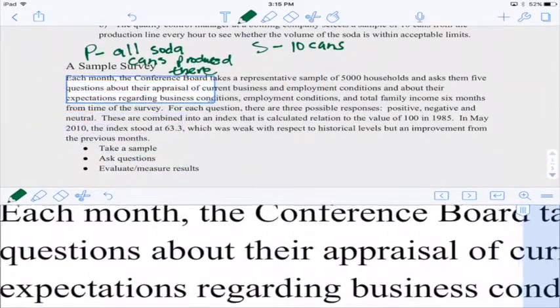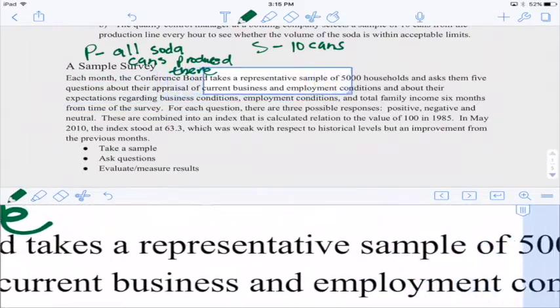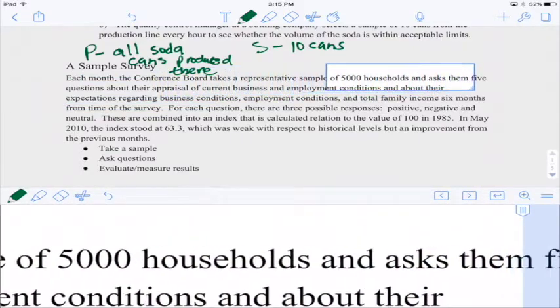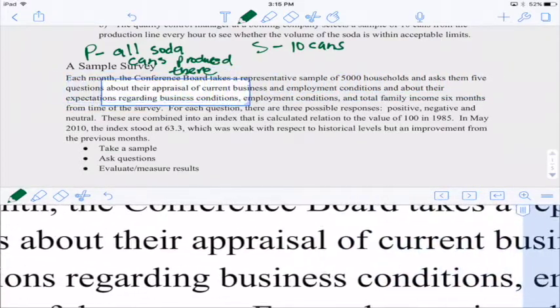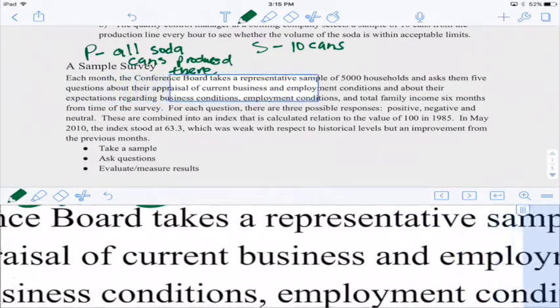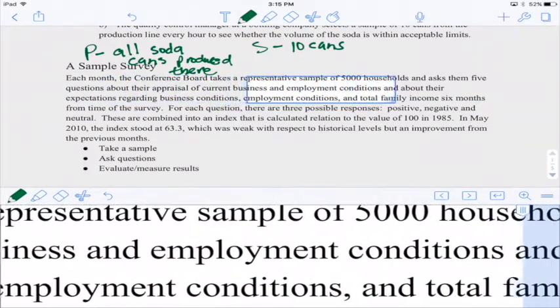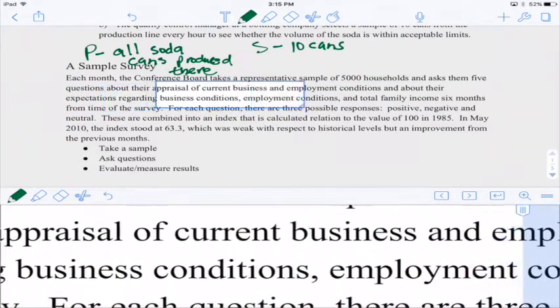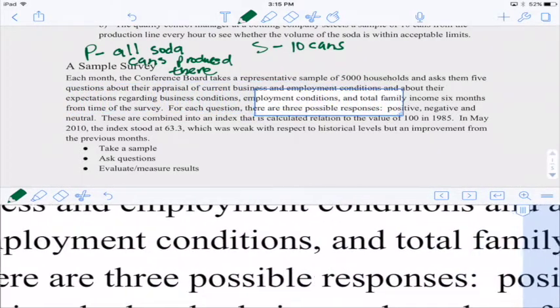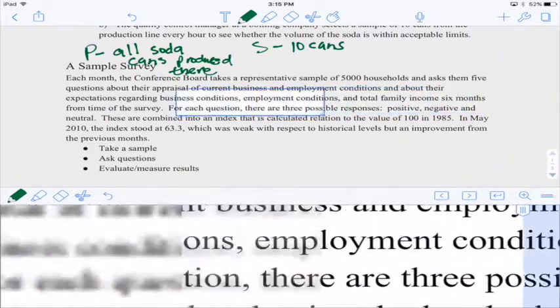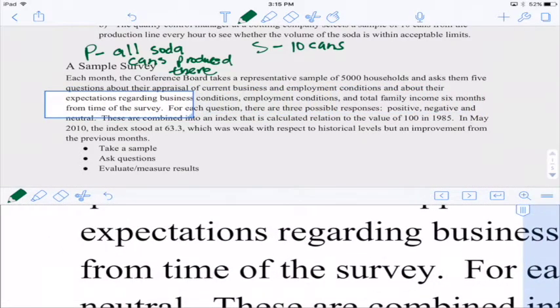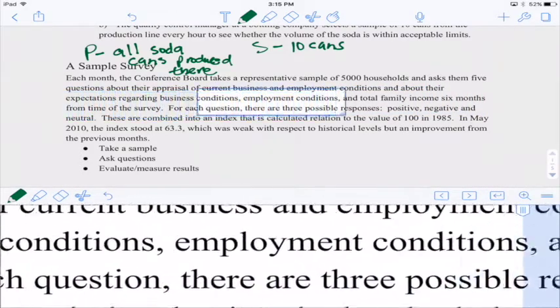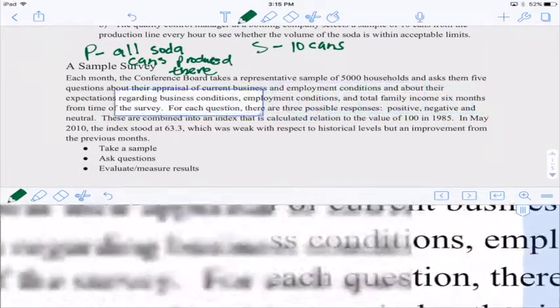So, a sample survey. Each month, the Conference Board takes a representative sample of 5,000 households and asks them 5 questions about their appraisal of current business and employment conditions and about their expectations regarding business conditions, employment conditions, and total family income 6 months from the time of the survey. For each question, there are 3 possible responses: positive, negative, and neutral.